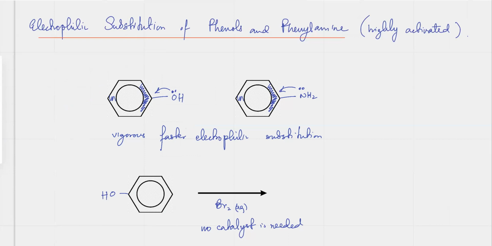Just like alkenes would react with Br2 aqueous, a phenol would also react with Br2 aqueous. And not only would it react, the phenol benzene electron cloud is so activated, it has such a high electron density that the bromine usually gets attached to all three positions: the second, the fourth, and the sixth.